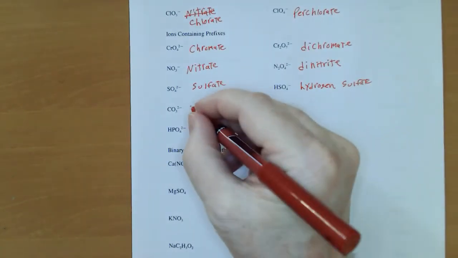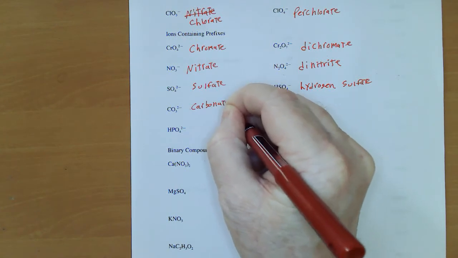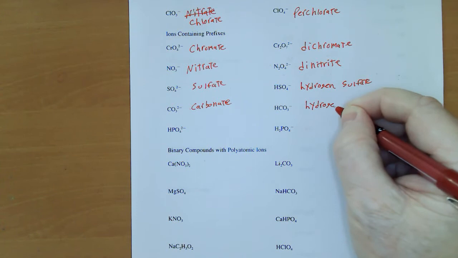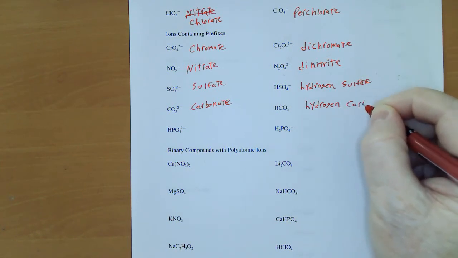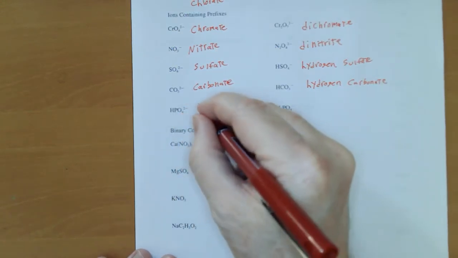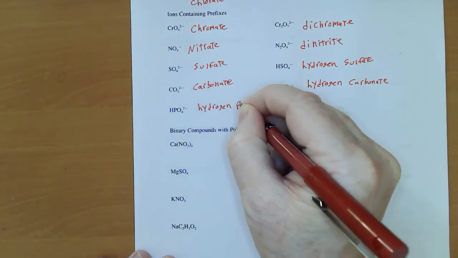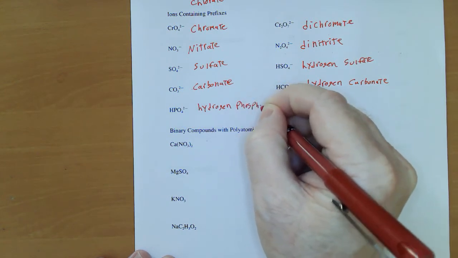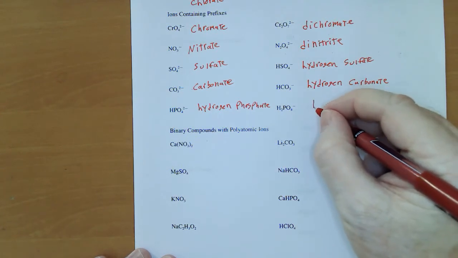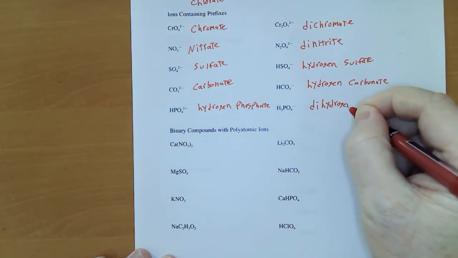We have a carbonate. Add a hydrogen to it, it gets called hydrogen carbonate. This would be called hydrogen phosphate. There's a pattern here, people. Now, two hydrogens, so we call it dihydrogen phosphate.